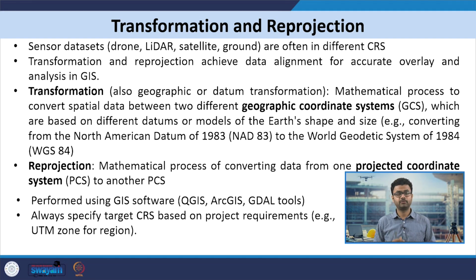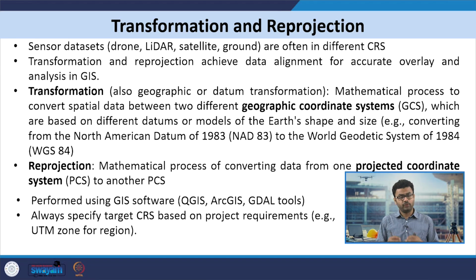For example, converting from the North American Datum of 1983, NAD 83, to the World Geodetic System of 1984, WGS 84. And we also have reprojection, which is a mathematical process of converting data from one projected coordinate system to another projected coordinate system. And these transformation and reprojection are performed using GIS software, for example QGIS, ArcGIS or GDAL tools.